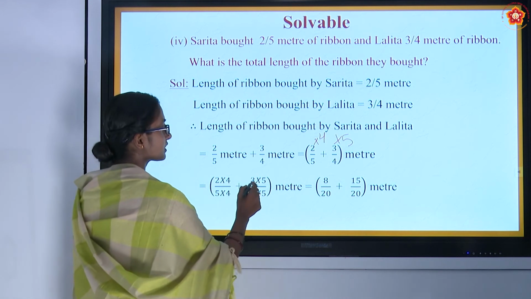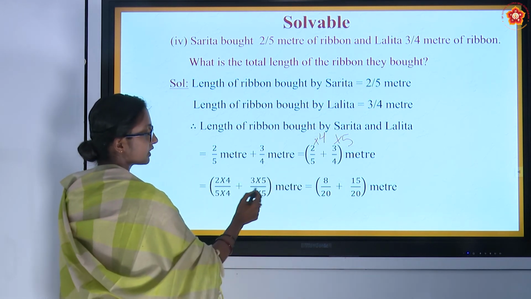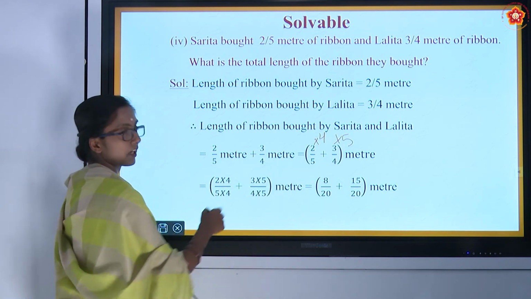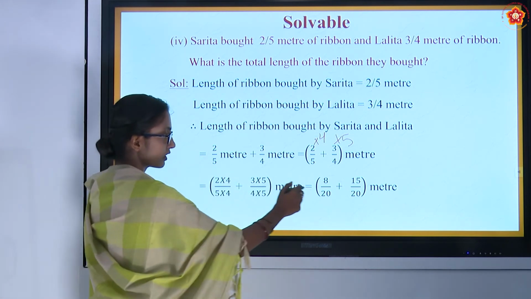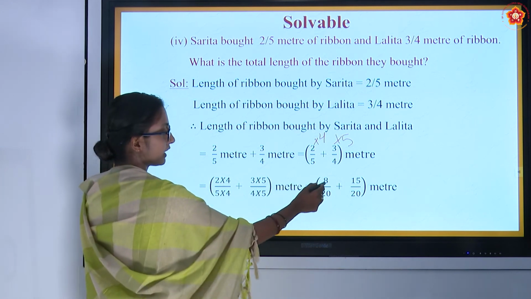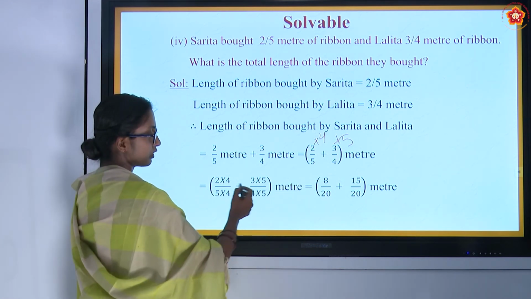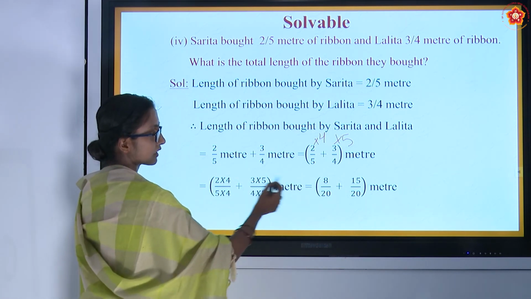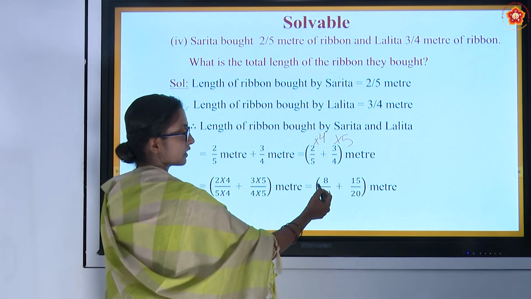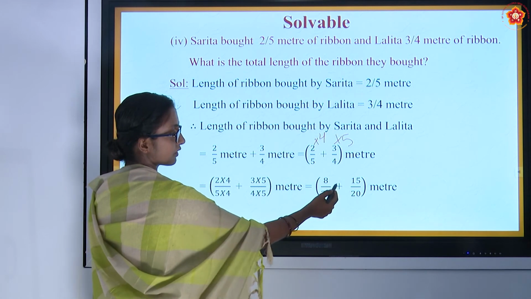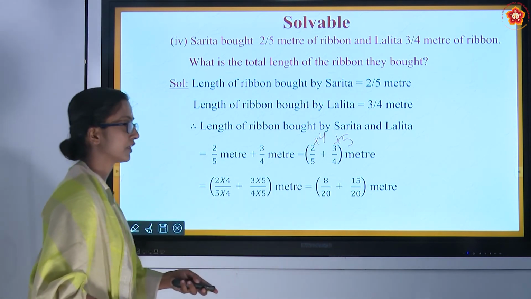is going to be 20, plus 3 into 5 divided by 4 into 5, because 4 into 5 is 20. The denominator should remain the same. This is equal to 4 2s are 8, 5 4s are 20, plus 5 3s are 15 divided by 4 5s are 20. 8 by 20 plus 15 by 20.